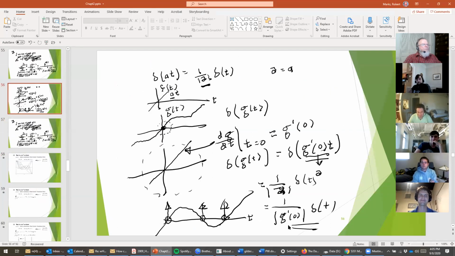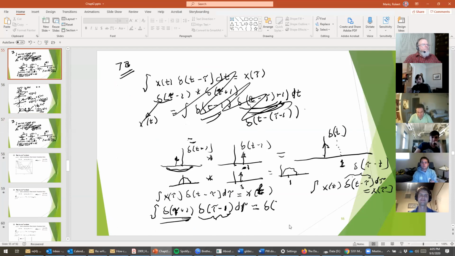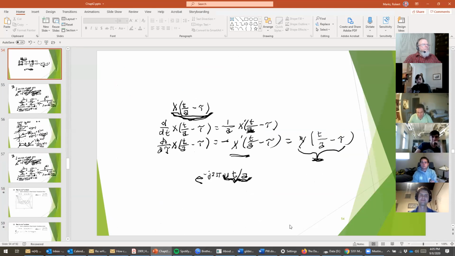Where's my scribbles? Yeah, the question is what do you Fourier transform? You're asked to Fourier transform this, correct? You're asked to Fourier transform this, but this is what you get. Oh, that's not in the table. You have a very nice transformation here.